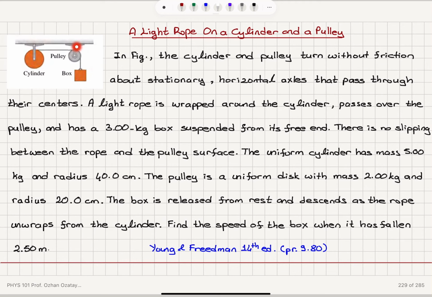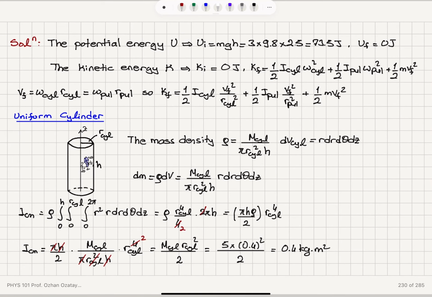The cylinder and the pulley will rotate as the box comes down, and their angular speeds will increase, and the potential energy of the box will be turned into kinetic energy of the box and the rotational kinetic energies of the pulley and the cylinder. So that's the basic idea.